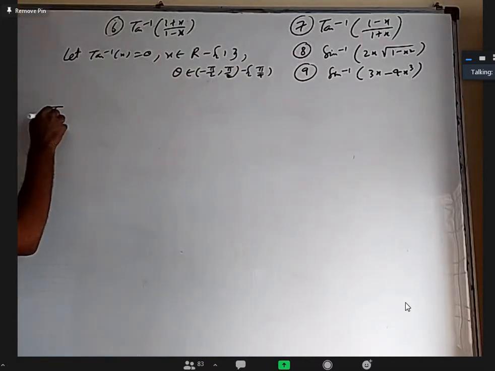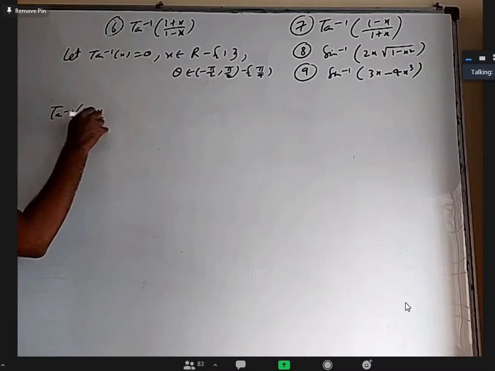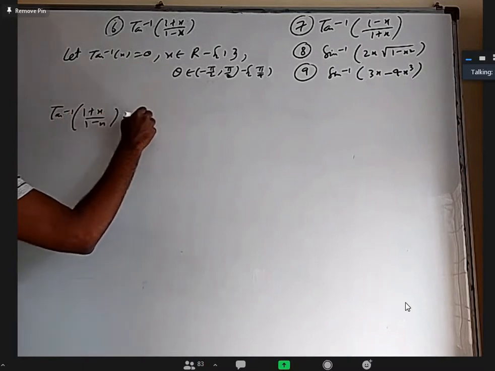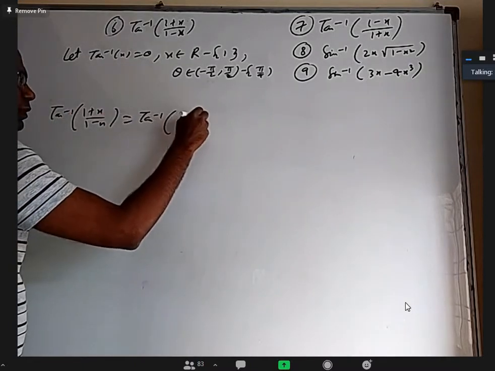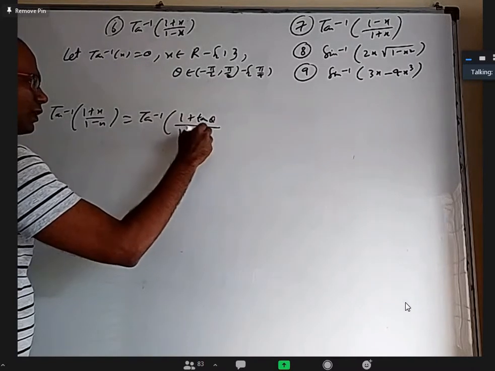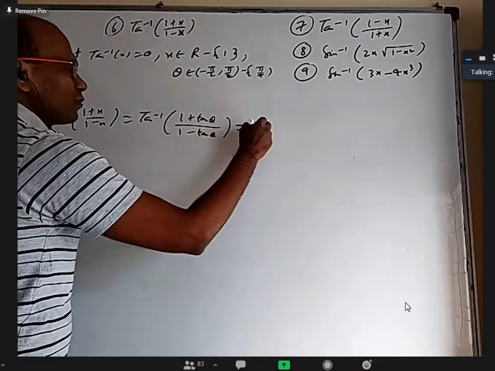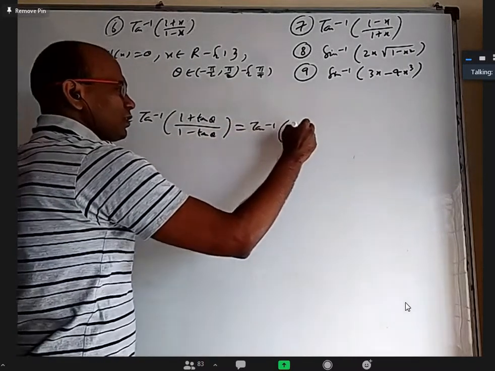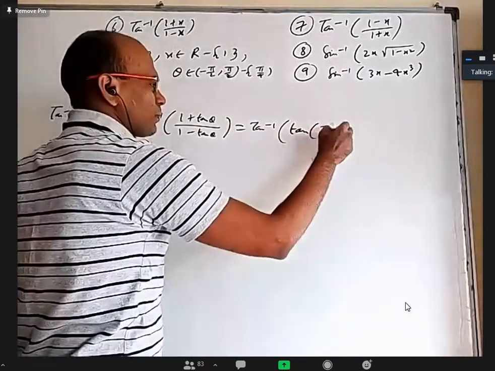Now coming to this, tan inverse of (1 plus x) by (1 minus x) is tan inverse of (1 plus tan theta) by (1 minus tan theta), which is tan inverse tan of (pi by 4 plus theta).